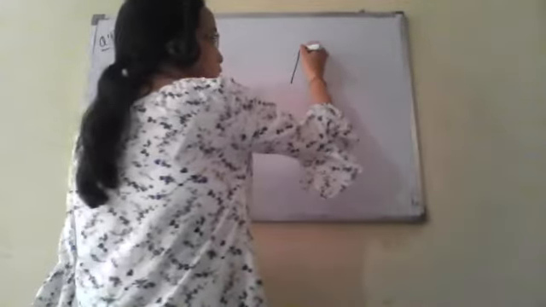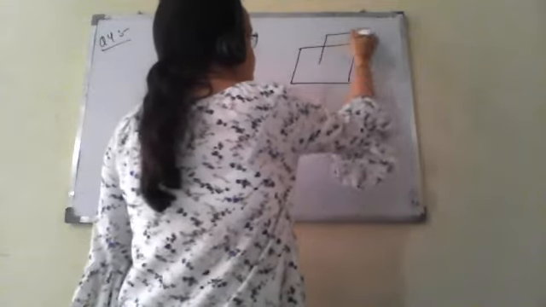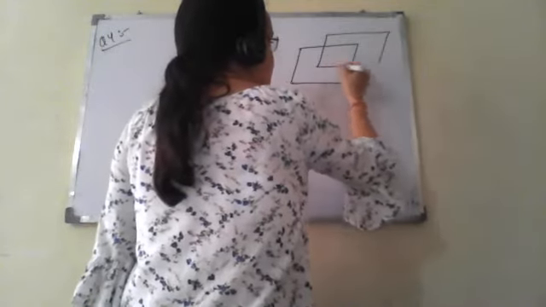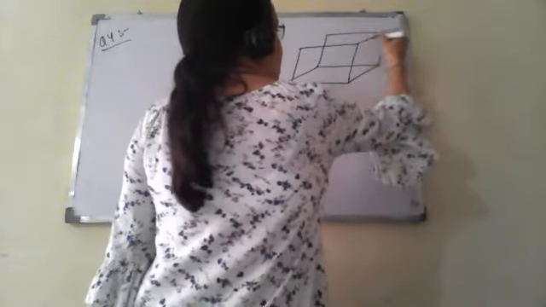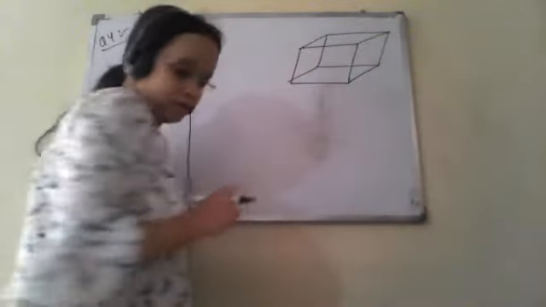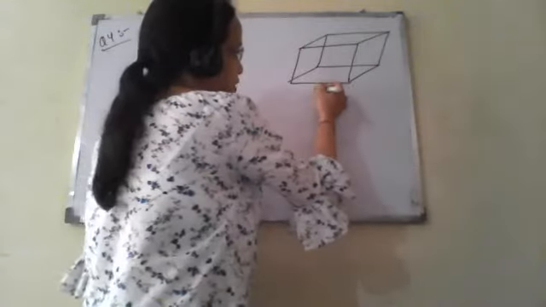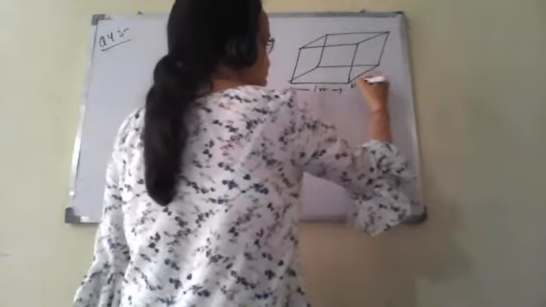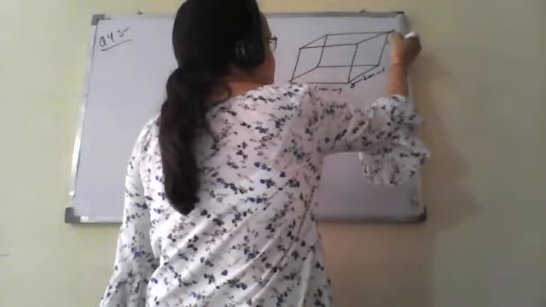So again this is a cuboid. Length is 1 meter, breadth is 2 meter and height is 1.5 meter.